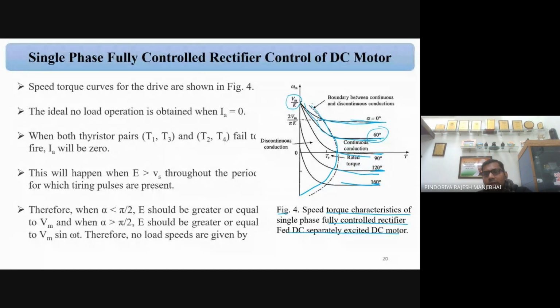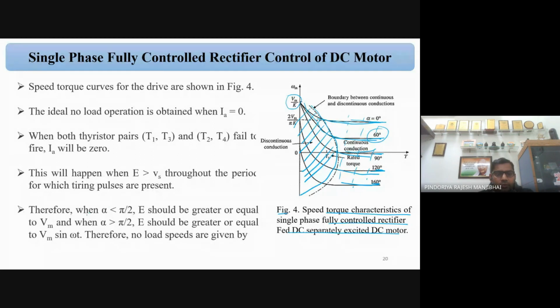This region is the discontinuous conduction mode, and this region is the continuous conduction mode. This is the limitation, otherwise the boundary condition, for the continuous and discontinuous conduction mode.